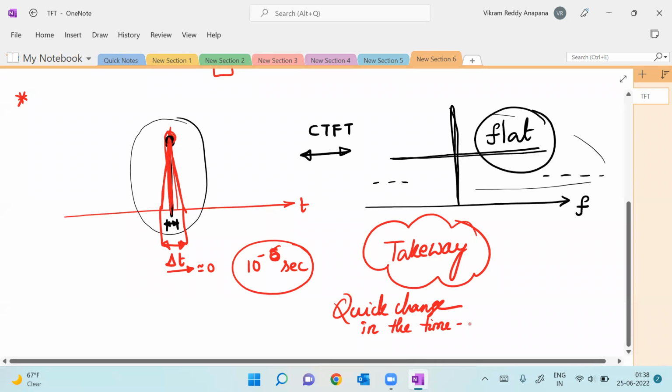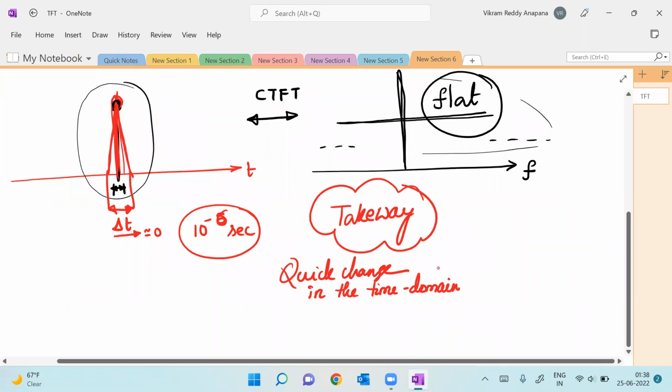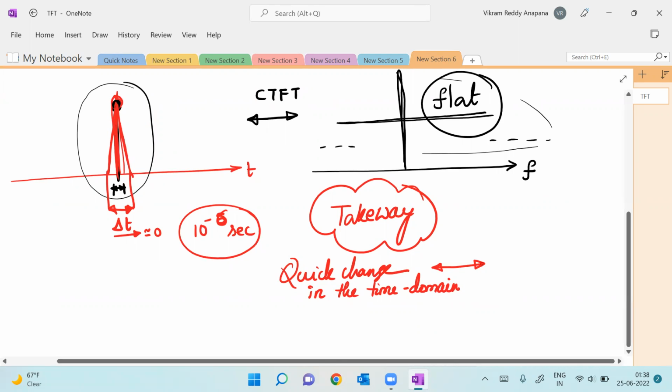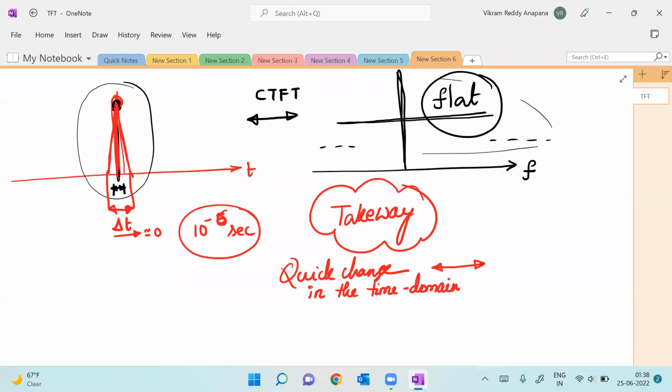See, this is the lovely concept of Fourier transformation. If you understand these things in practice, then you will definitely fall in love with Fourier techniques. Otherwise, Fourier techniques will definitely haunt you, because if you don't understand things, and if you try to memorize and solve some problems, it doesn't serve any purpose.